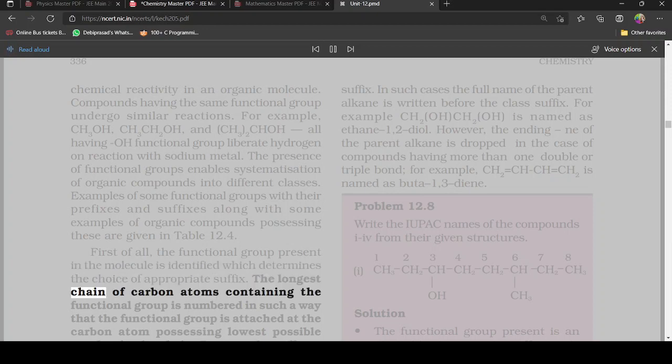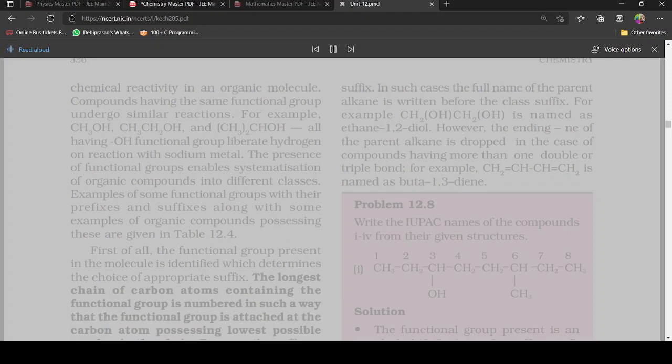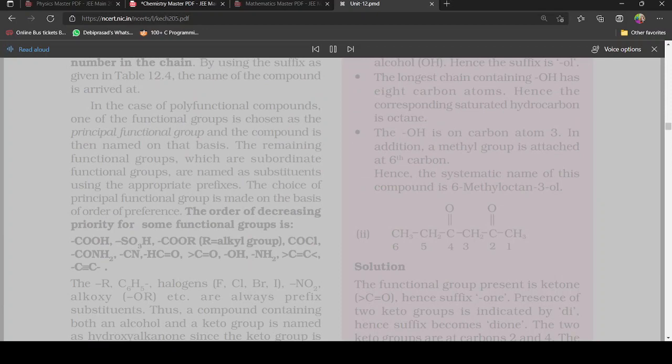The longest chain of carbon atoms containing the functional group is numbered in such a way that the functional group is attached at the carbon atom possessing the lowest possible number in the chain. By using the suffix as given in Table 12.4, the name of the compound is arrived at.